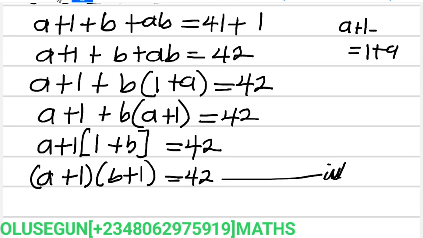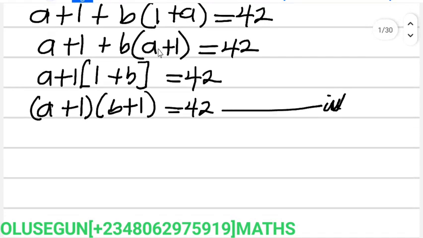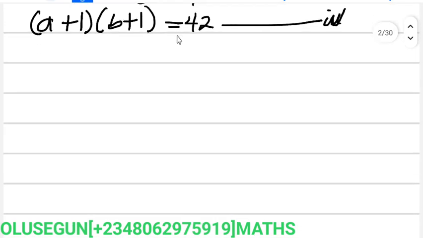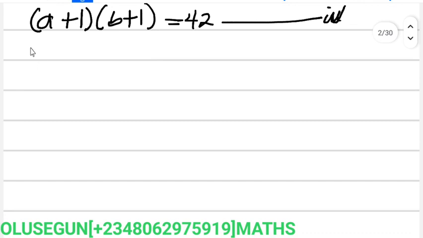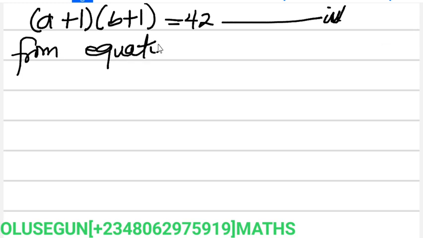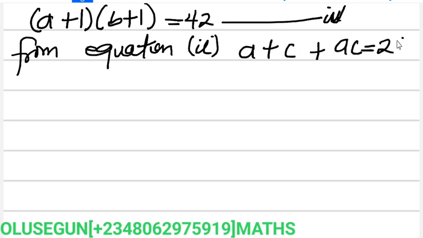Now let's also write from equation 2, which says that a plus c plus ac is equal to 26.